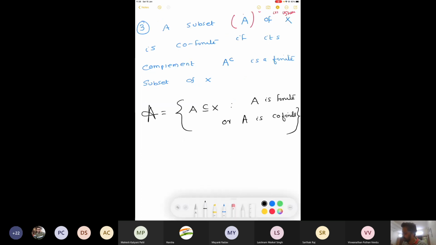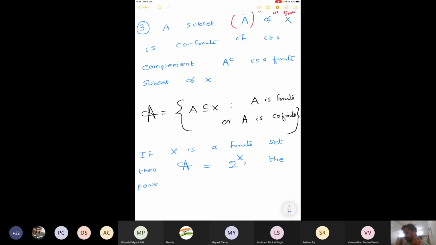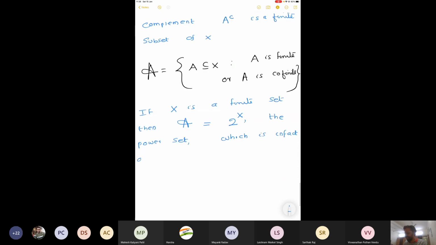So let me note down that if X is a finite set, then script A is equal to 2 power X, the power set, which is in fact a sigma algebra and hence an algebra.